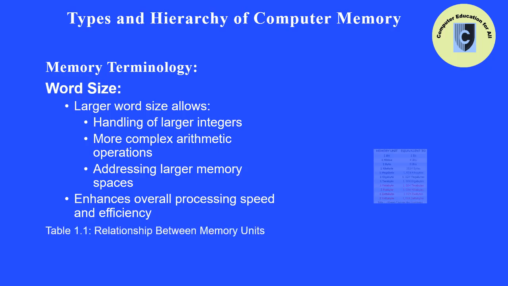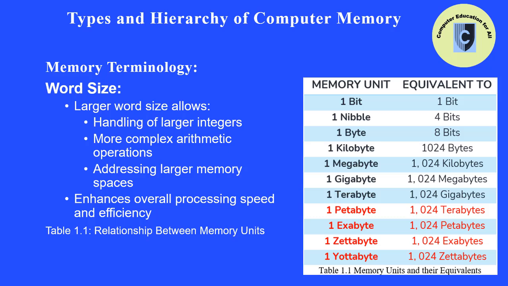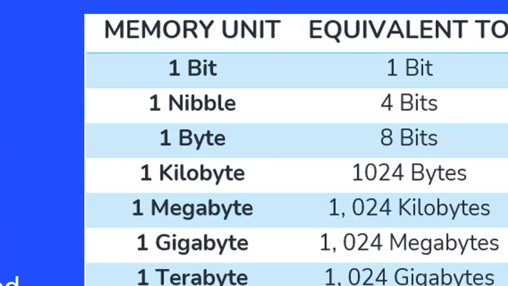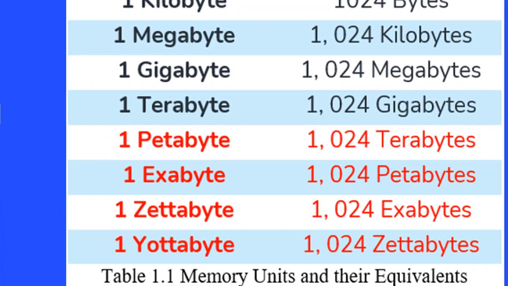The relationship between the memory units is shown in Table 1.1. 1 bit, 1 bit. 1 nibble, 4 bits. 1 byte, 8 bits. 1 kilobyte, 1024 bytes. 1 megabyte, 1024 kilobytes. 1 gigabyte, 1024 megabytes. 1 terabyte, 1024 gigabytes. 1 petabyte, 1024 terabytes. 1 exabyte, 1024 petabytes. 1 zettabyte, 1024 exabytes.